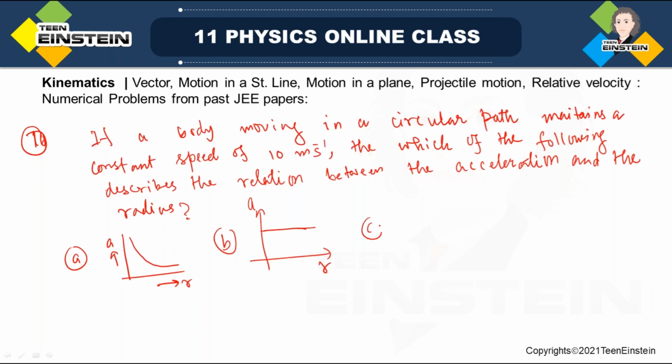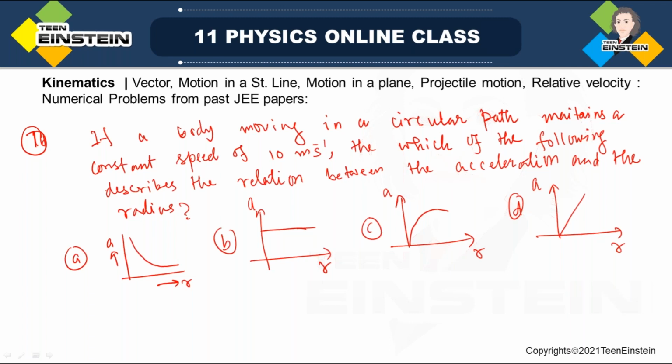Then the third option is something like this, this is acceleration, this is r, and the fourth option is like this. So what will be the correct answer in this case?